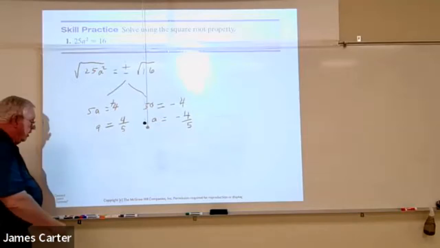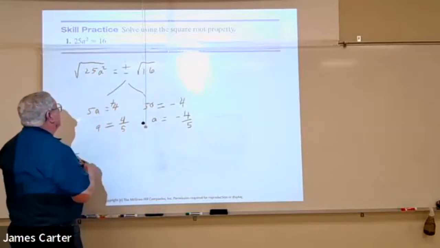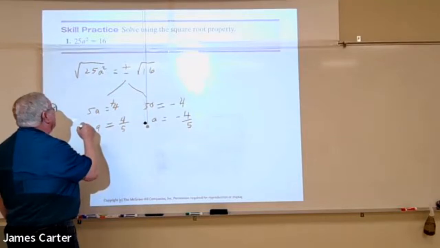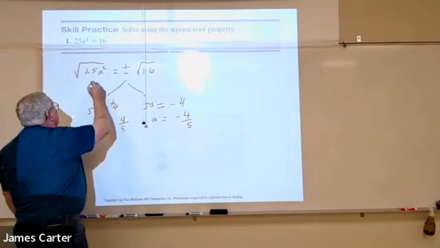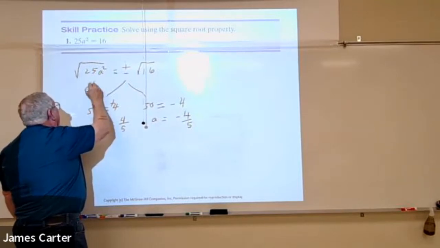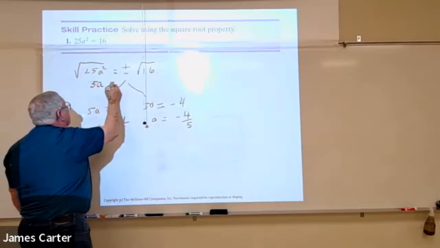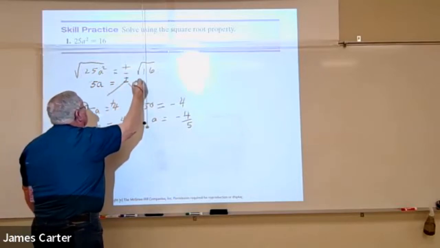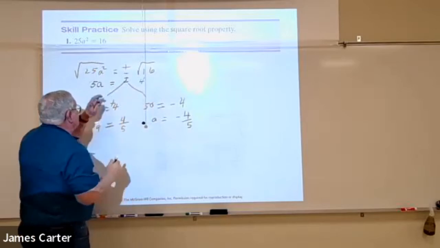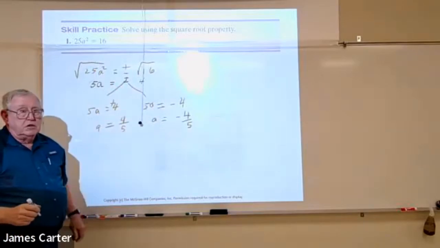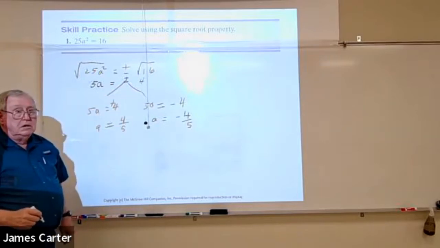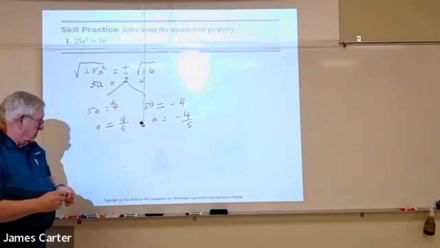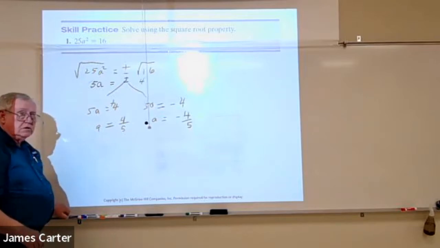I mean, if you wanted to write a step up here, if you wanted to write this step, 5a equals plus or minus 4 as a step before you split it, you could. But you don't have to, but you could. Okay. Did that answer your question?